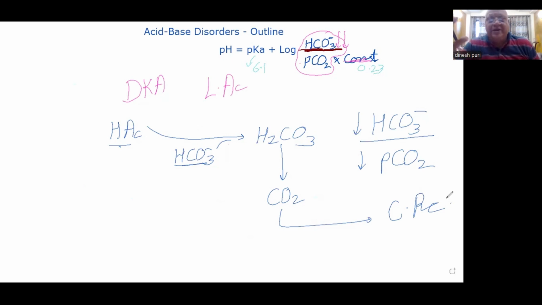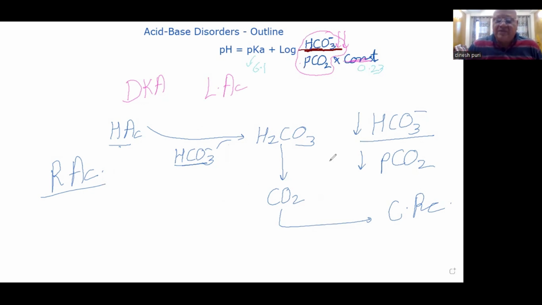For example, in metabolic alkalosis, there will be hypoventilation. What about respiratory acidosis? In respiratory acidosis, the primary defect is in the lungs, either bronchial obstruction, pneumonia, or rib cage defect. The primary defect is hypoventilation.